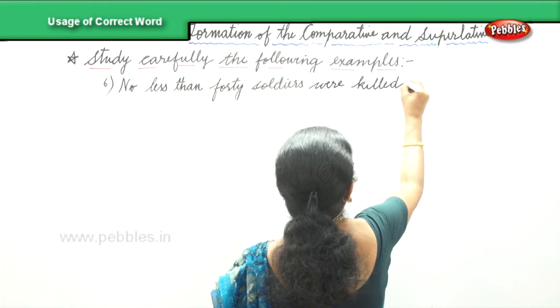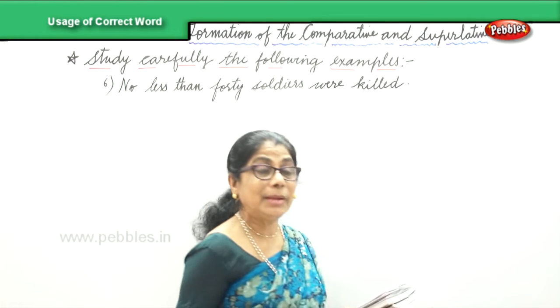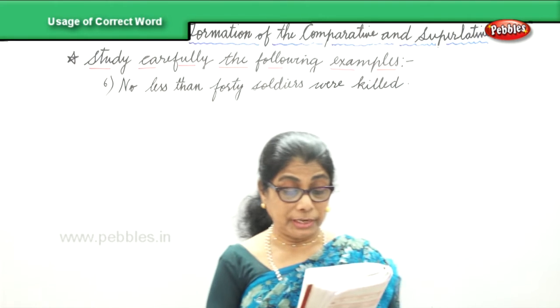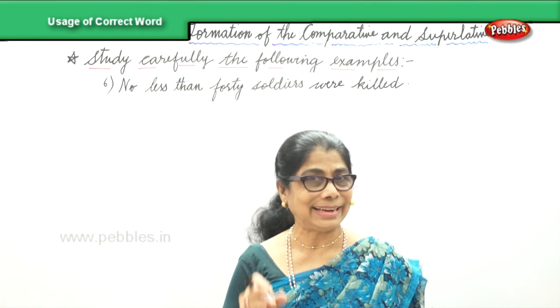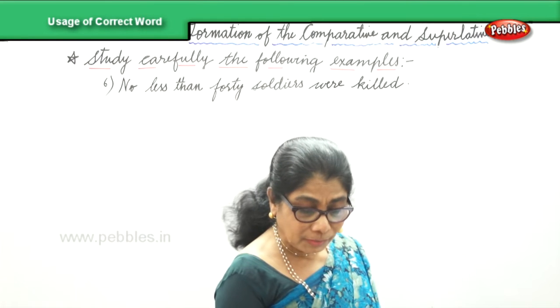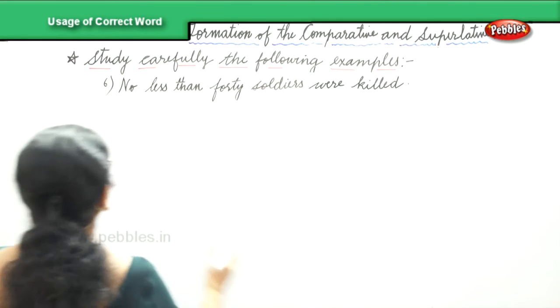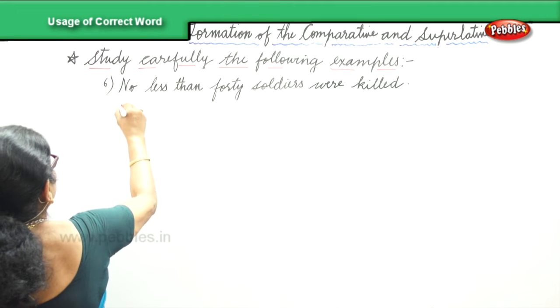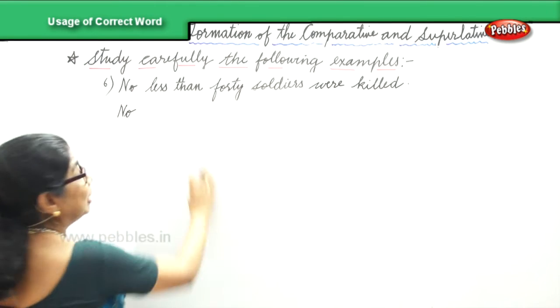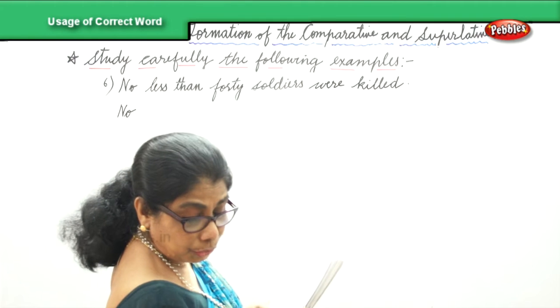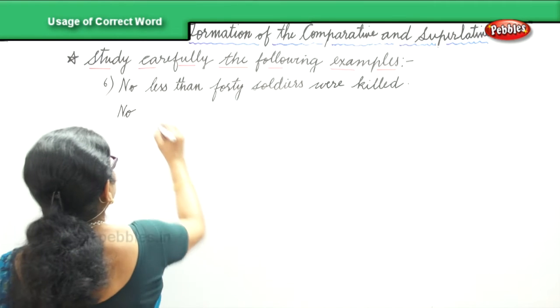No less than 40 soldiers were killed. That is not the right way to say. You should say no fewer than. That's the right. So this is a wrong sentence. What must you say? No fewer than. You cannot say less than. You should say no fewer than.